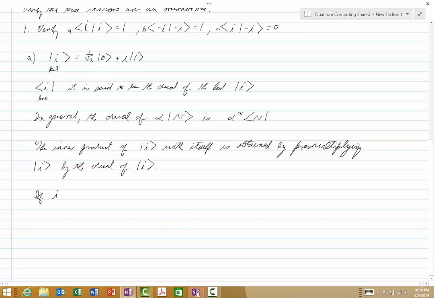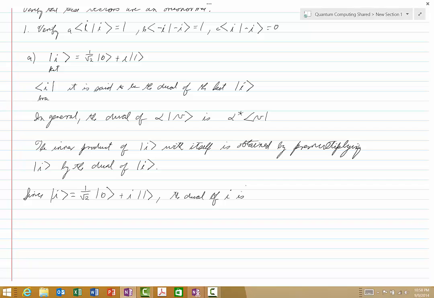Since I is equal to 1 over square root of 2, 0, plus I times 1, the dual of I is, now remember, what we're going to do to take the dual is we're going to take the complex conjugate of any scalar multiplier, and we're going to turn every ket into a bra.